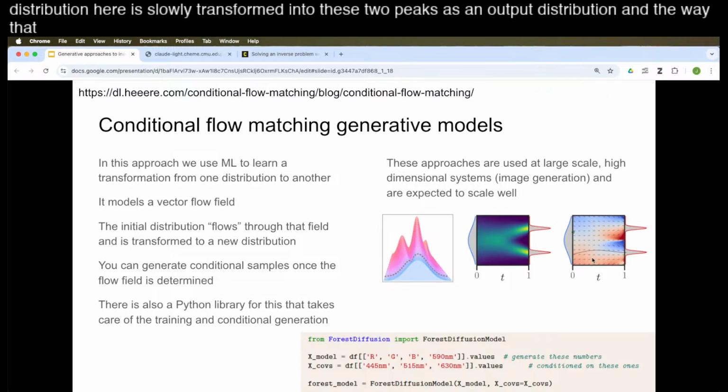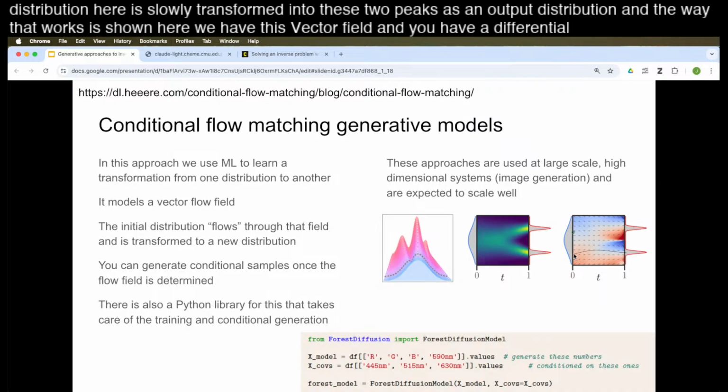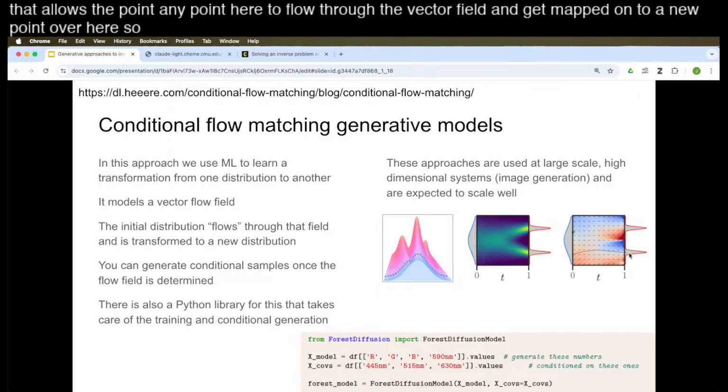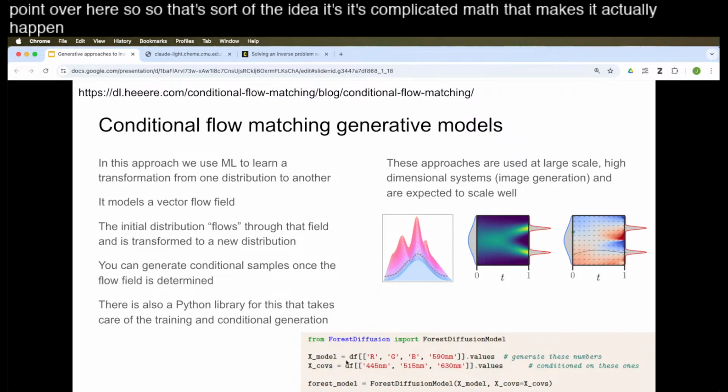And the way that works is shown here. We have this vector field, and you have a differential equation that allows any point here to flow through the vector field and get mapped onto a new point over here. So that's sort of the idea. It's complicated math that makes it actually happen. Luckily for us, the code is very straightforward.